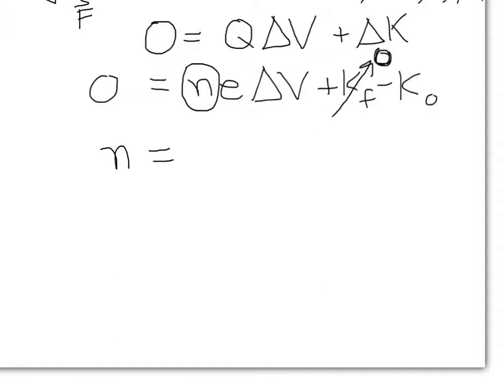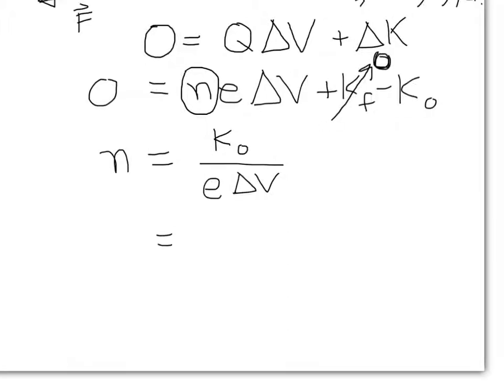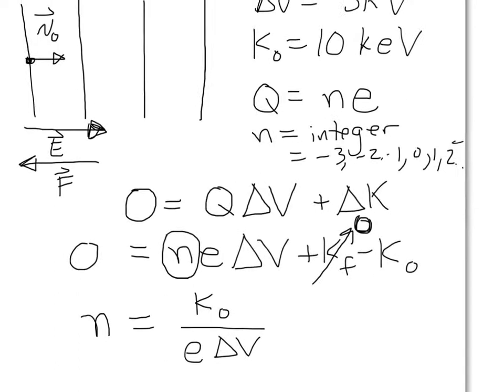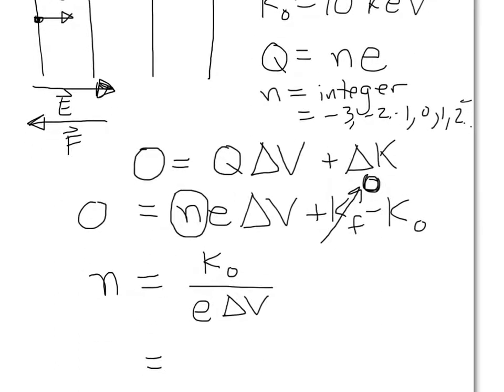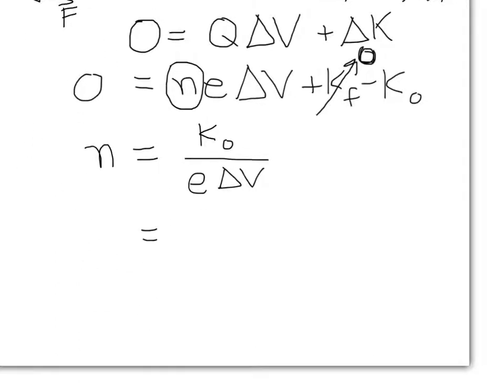We can take the minus K over to the other side. I write this on this side. And we divide by E times delta V. And what do we get? Let me check my numbers here. K naught, that's 10 keV. So K naught is 10 keV.